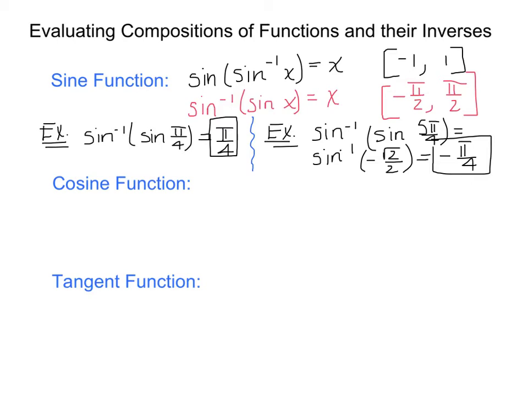Okay? The special property for cosine: when you're taking cosine of cosine inverse of an angle, it'll always equal that angle, same thing as sine, as long as the angle is between negative 1 and 1.